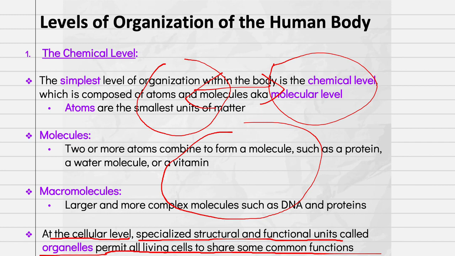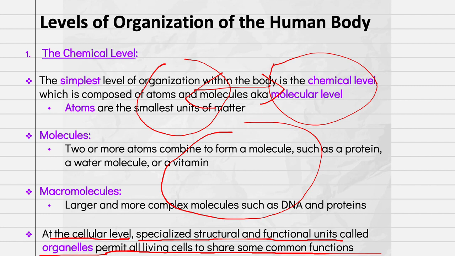Inside the cell, there are certain areas which are more developed than the rest to perform a specific function. For example, mitochondria, as you know, is the powerhouse of the cell because it generates energy. Nucleus helps to replicate DNA and helps to make protein via transcription, and then translation is in the cytoplasm.